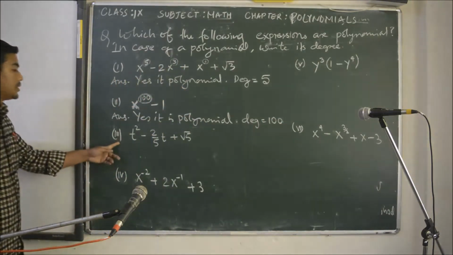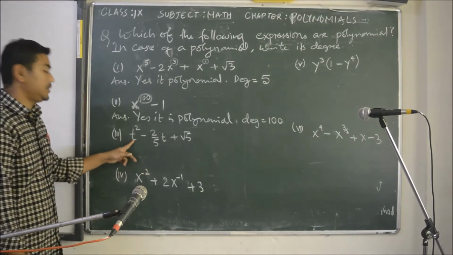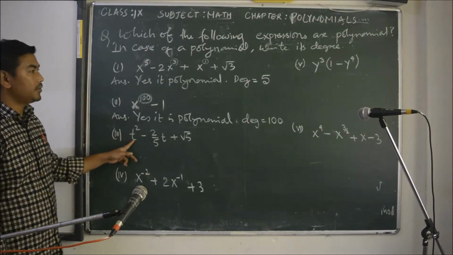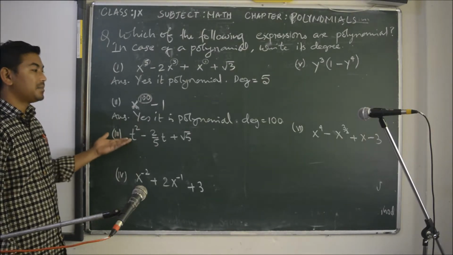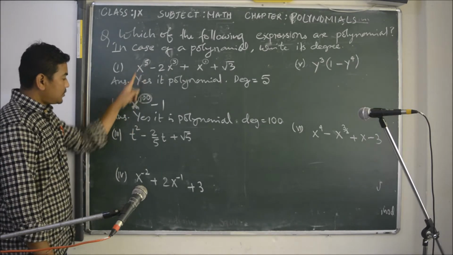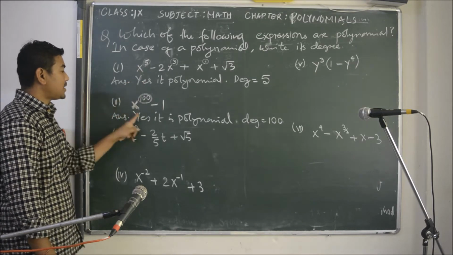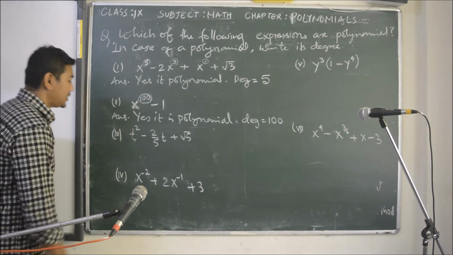Now let's come to the third question here. Instead of x, we have t as a variable. I have told you a variable can be x, y, t, z. It can be given in any form. In the first two questions we were given the variable x, but in the third one we are given the variable t. So it doesn't make any difference.